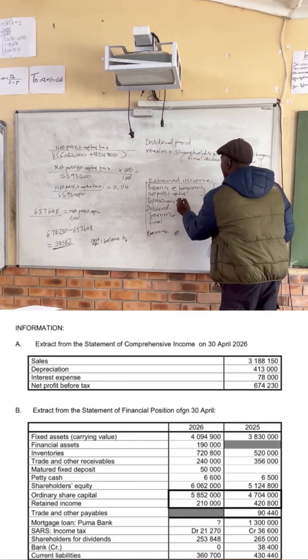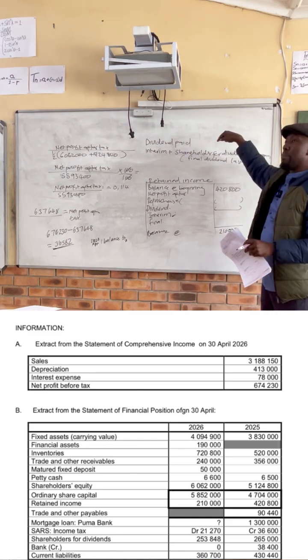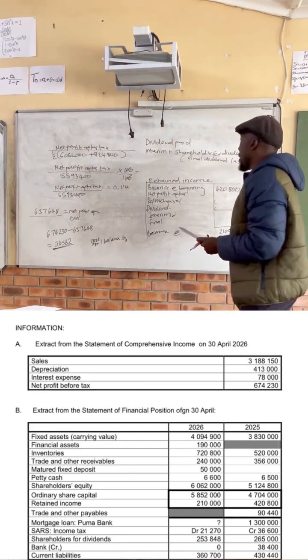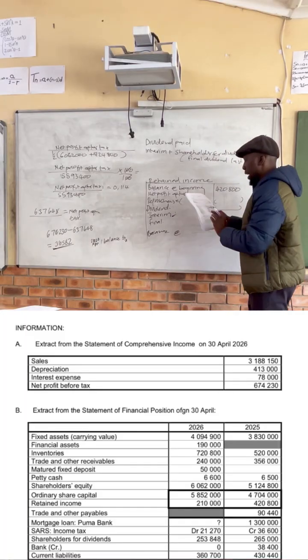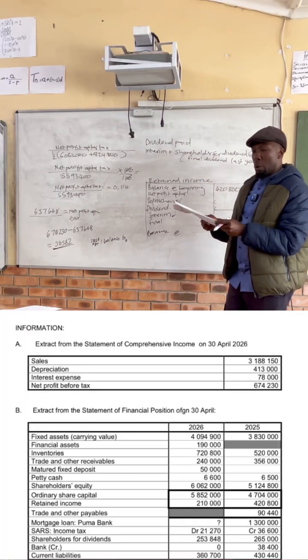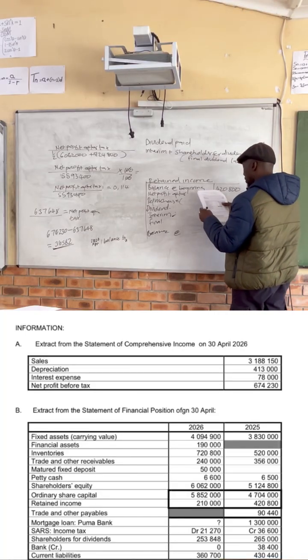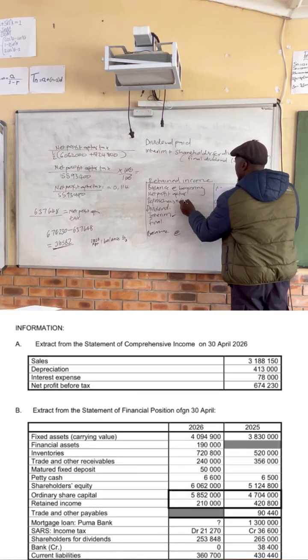Repurchase. Now, repurchase, remember, let's go back to our ordinary share capital. We're given our repurchase, and also in our information D, we're given the amount for repurchase, which is 150,000.